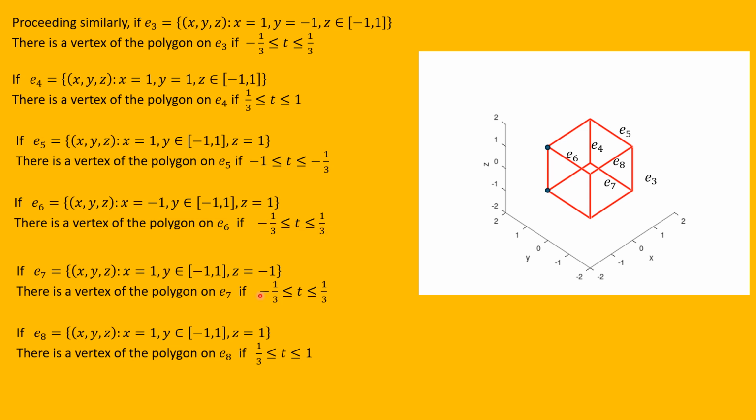E sub 7, if t is between minus 1/3 and 1/3. On E sub 8, if t is between 1/3 and 1. We also have to find out what happens on E sub 9, 10, 11, and 12, and we'll do that momentarily.